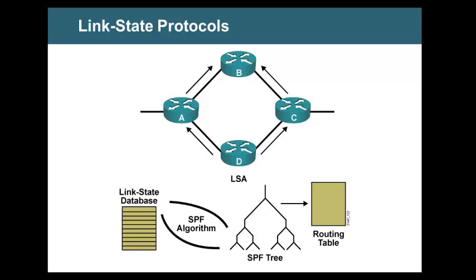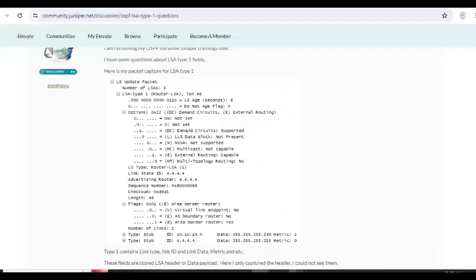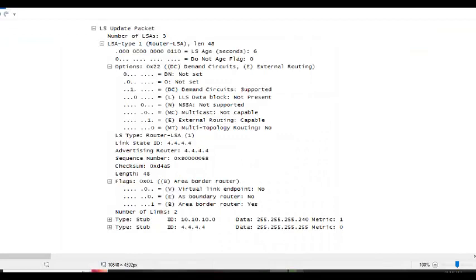Now, this is an output of router LSA. A screenshot of router LSA. So what you can see here is the router ID. See who is advertising this. The advertising router's router ID is 4.4.4.4.